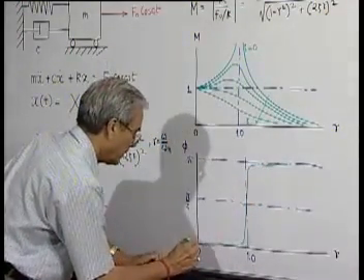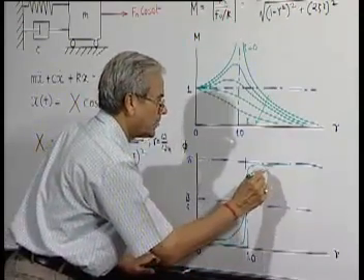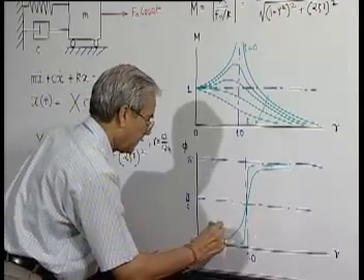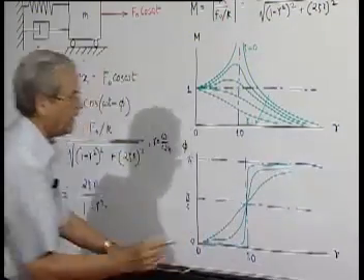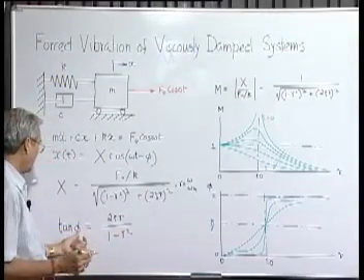Phi will increase, become equal to 90 degrees at r equal to 1, and asymptotically approach the value pi. When r is 0, phi is 0.